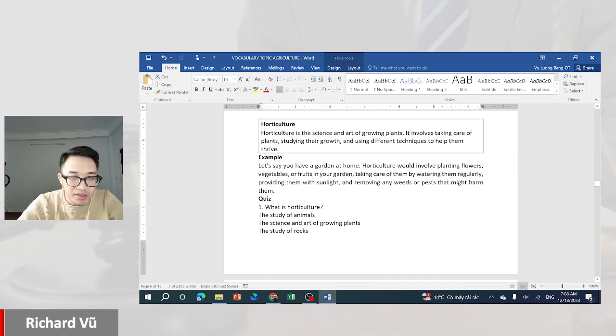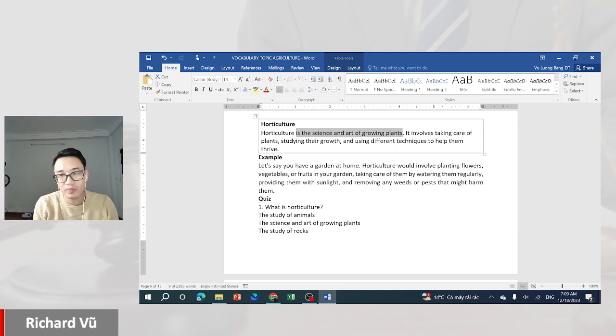Next on our list, horticulture. Horticulture is the science and art of growing plants. It involves taking care of plants, studying their growth, and using different techniques to help them thrive. Let's say you have a garden at home.